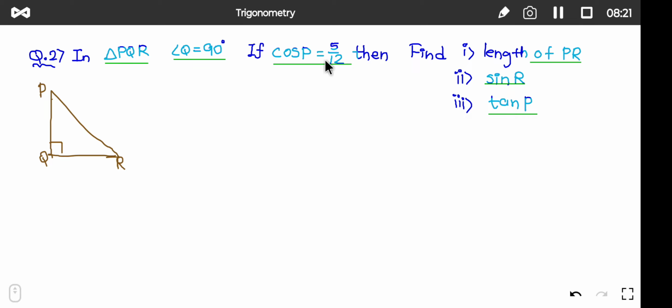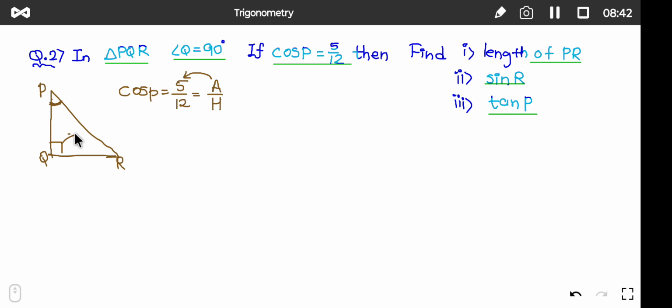So what is given? Cos P is equal to 5 by 12. So P angle is here. We have given cos P, which is equal to 5 upon 12. So cos is nothing but adjacent upon hypotenuse. So this 5 is corresponding to the adjacent side. The hypotenuse is fixed, opposite of Q. So the hypotenuse is given 12.